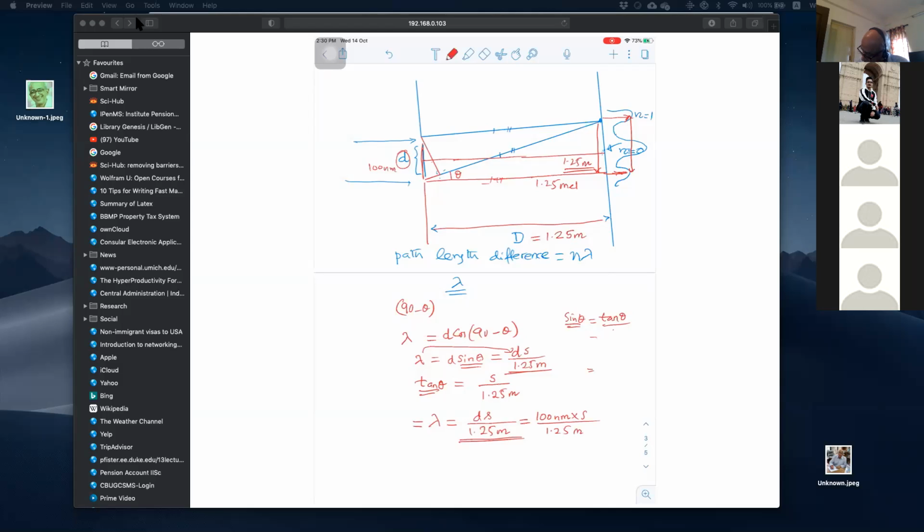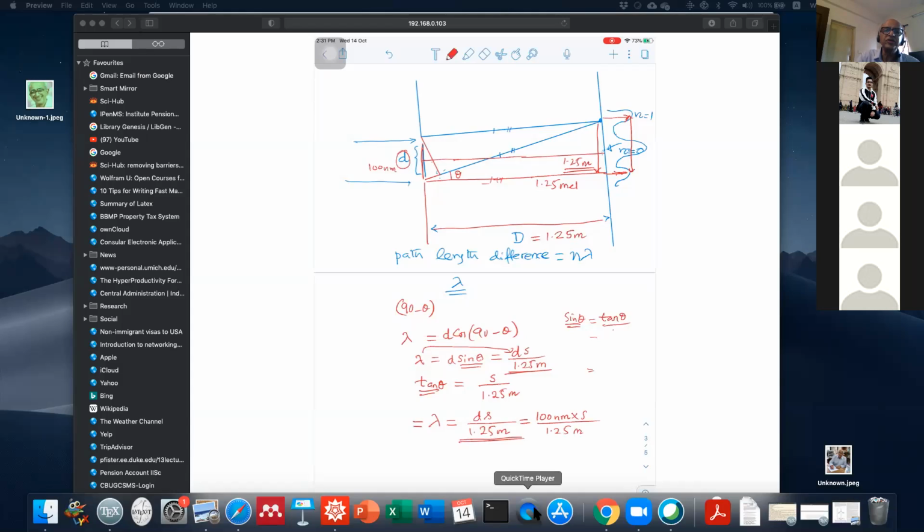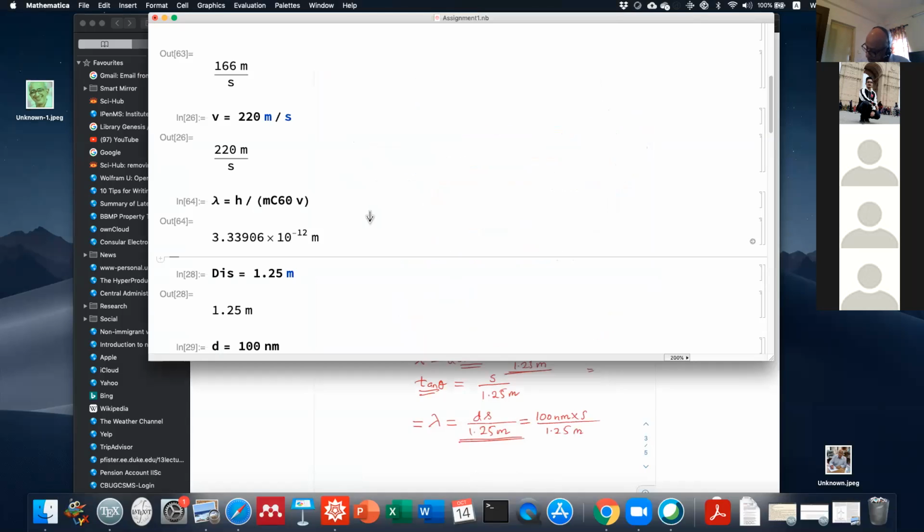Can you tell me the wavelength? I had shown it to you earlier. 3.3390 into 10 to the power of minus 12 meters.